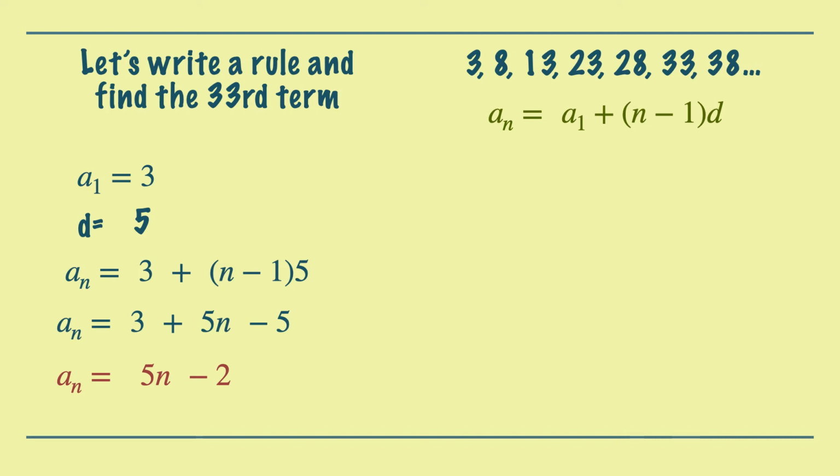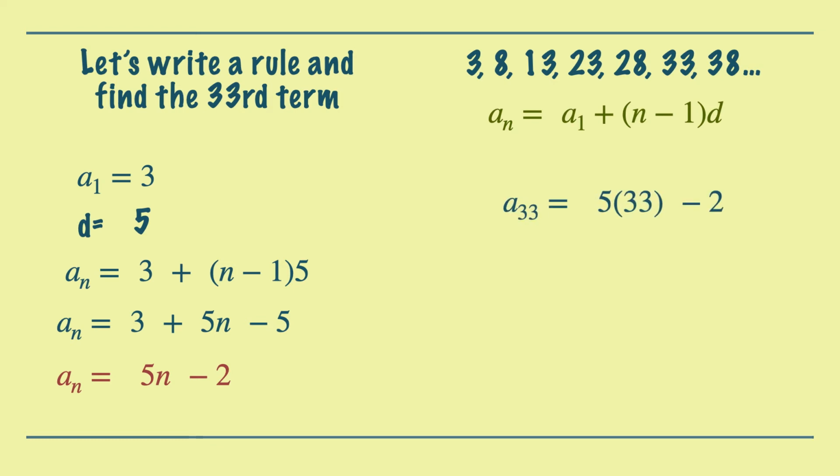All right, now my directions said find the 33rd term. Well, now because I have narrowed down my rule to a sub n equals 5n minus 2, all I have to do is replace n with 33.